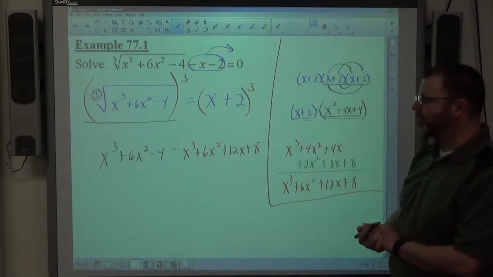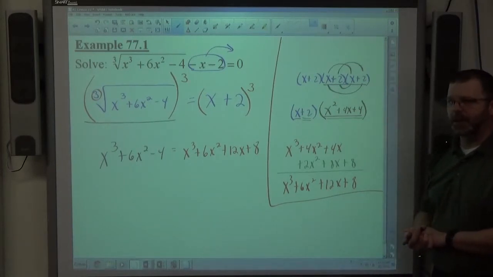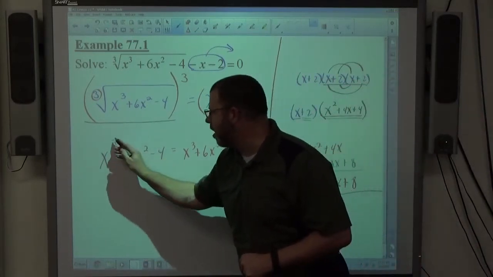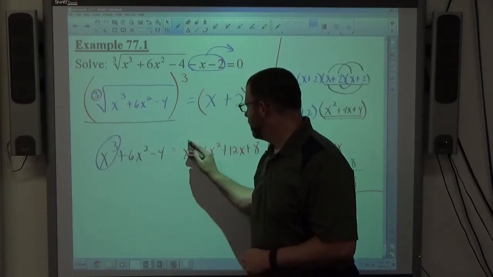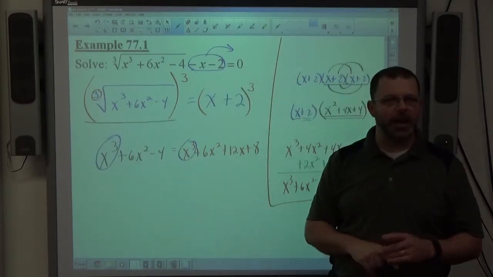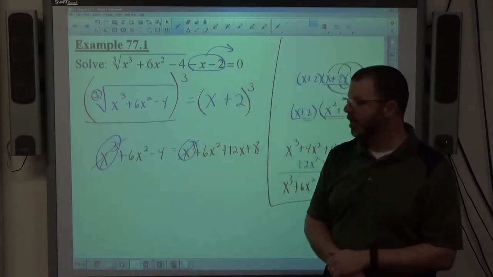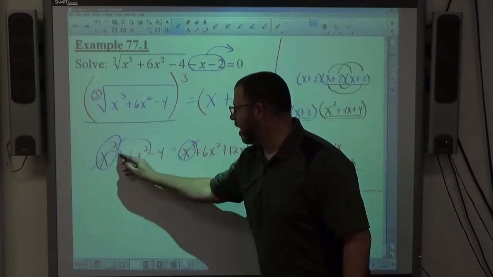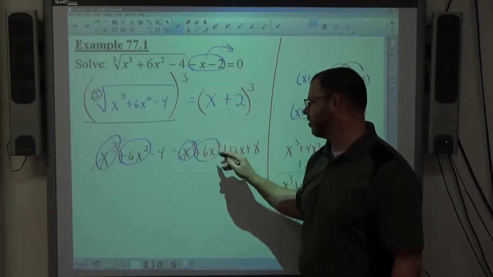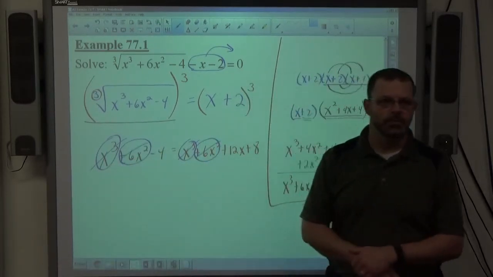Now, my job, once the radicals disappear, is simply solve for x. Now notice that this happens quite often. The exact same things on both sides. I'm allowed to subtract x cubed from both sides, and all of a sudden x cubed is gone. Similarly, positive 6x squared, positive 6x squared, cancel, cancel.